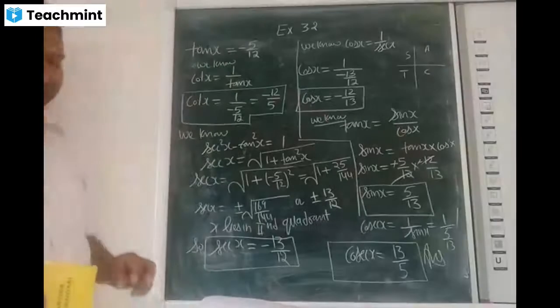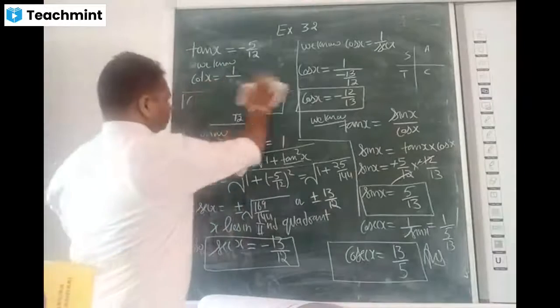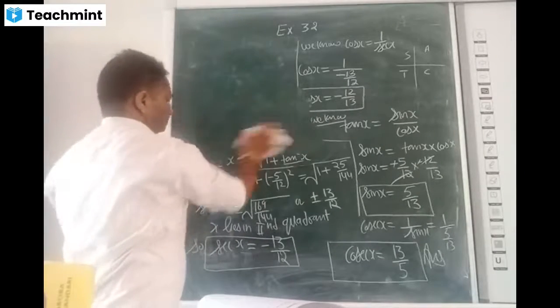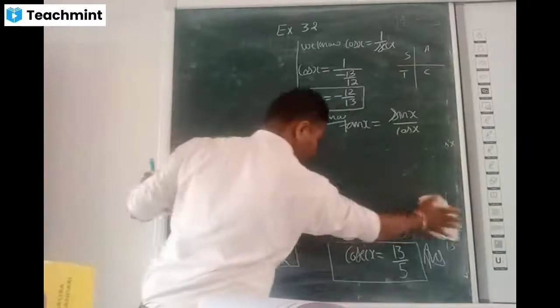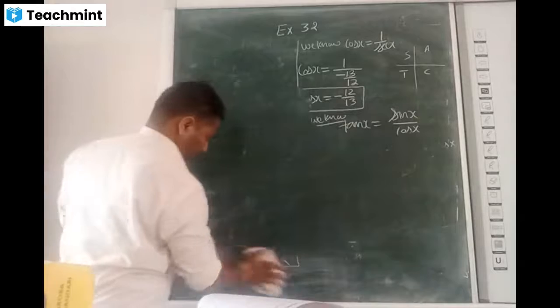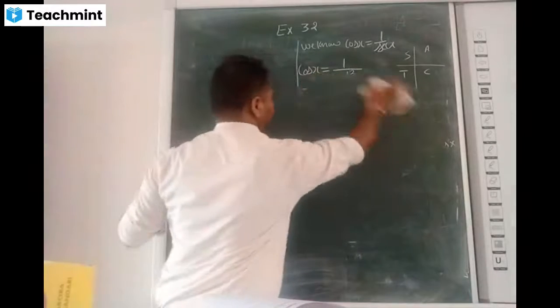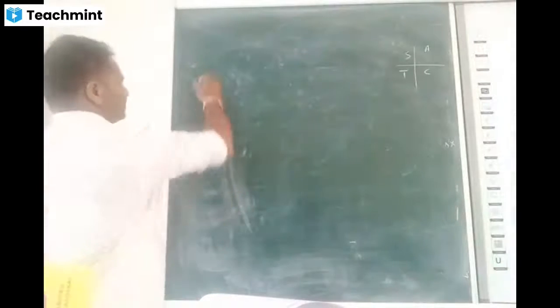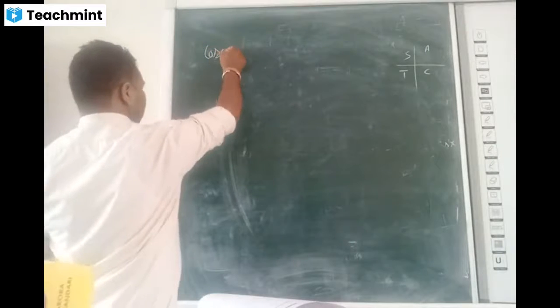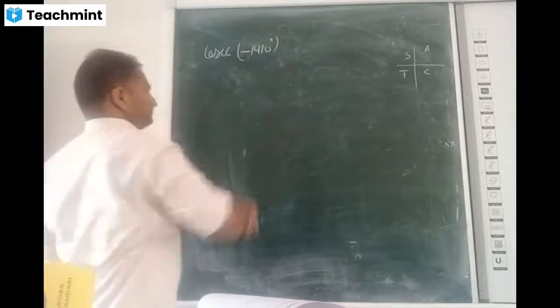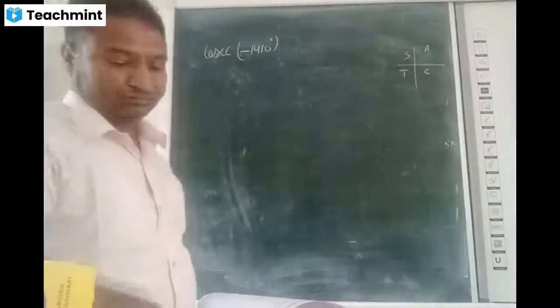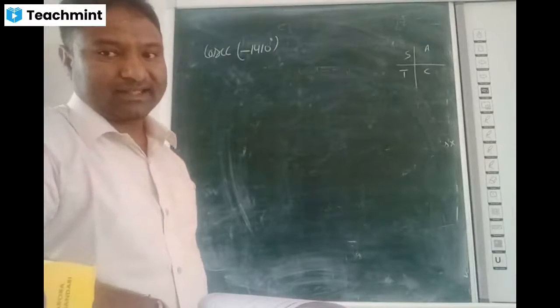Now one more question. The question is cosec of minus 1410 degree, right?